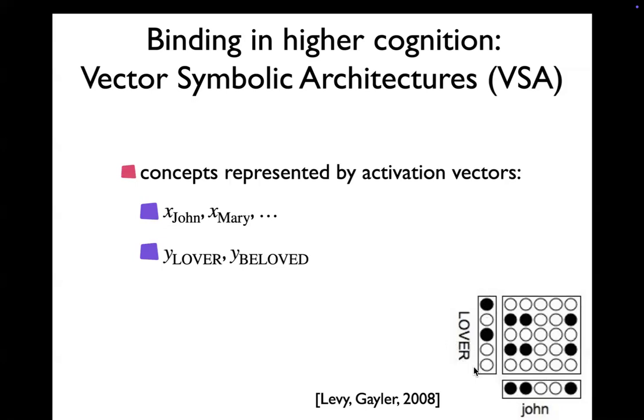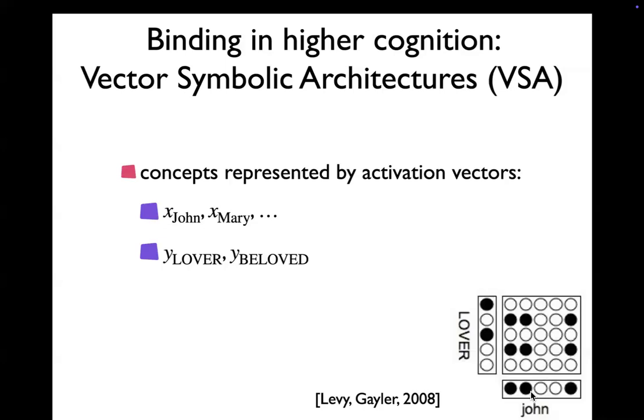So lover, this role, would also be represented by a vector. And then the notion would really be that you would have a joint representation. This square here is supposed to be generated as a direct product of these two vectors, as a joint representation. That is, that whole vector now together means both lover and John is the case.